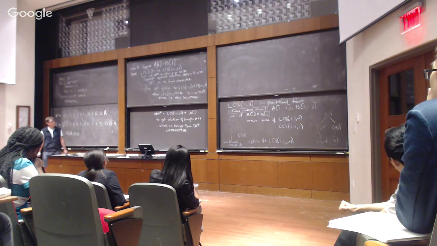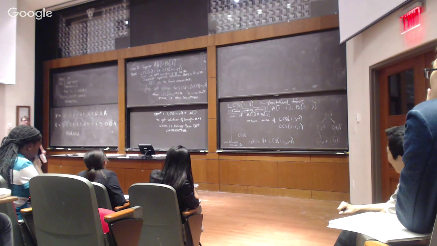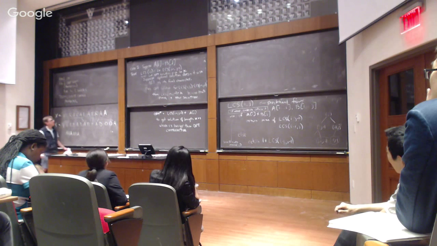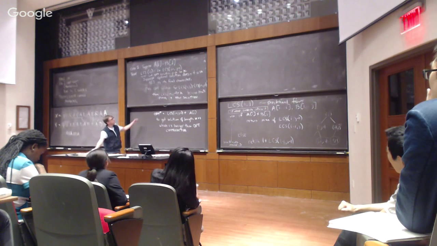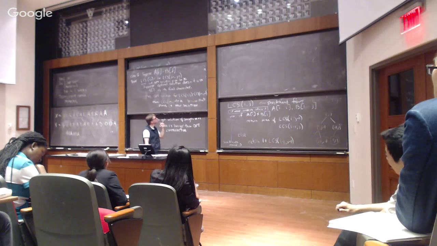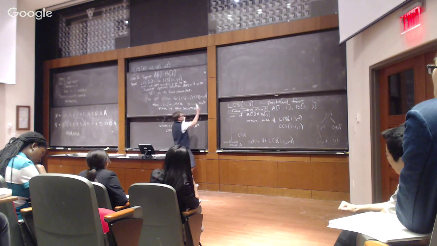So what do I have to change in my proof to address this? Where you say that the opt solution for LCS ij equals LCS I minus 1 j minus 1, you can't necessarily say j minus 1. So this goes to j?